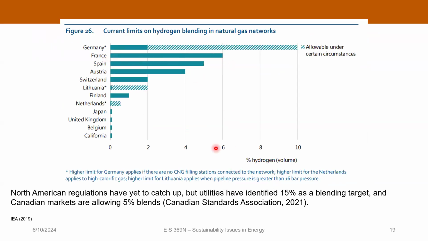France has the highest permitted mix, and it's 6%. So it's not very high. In North America, utilities have identified a 15% target, but we're not quite there yet. In Canada, they're allowing 5% blends, I believe. So it's not maybe what you would hope.